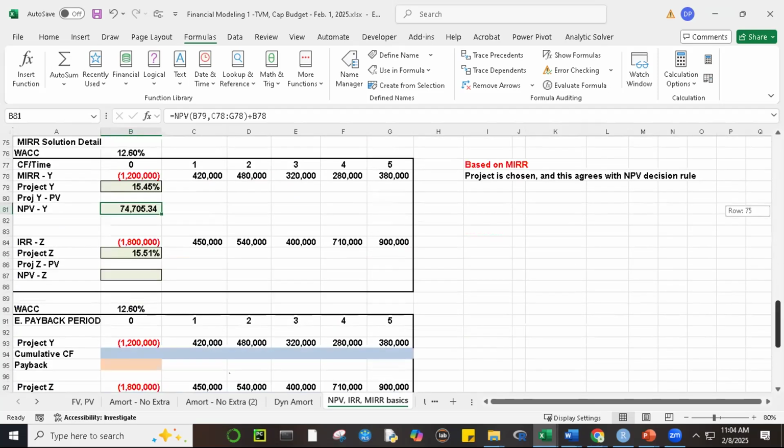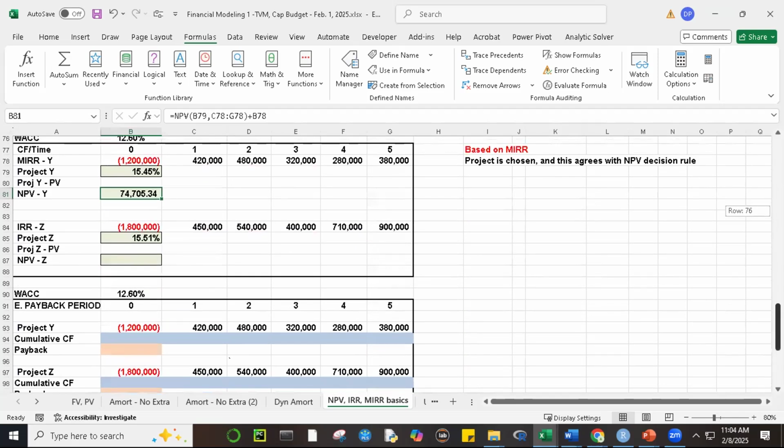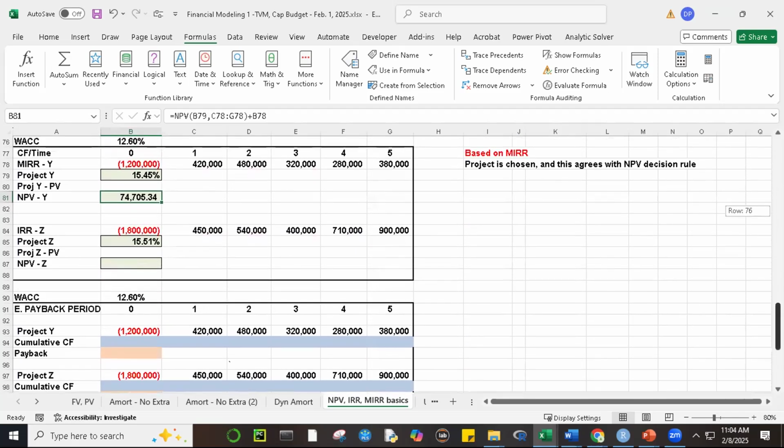But if we use the modified internal rate of return and do so for this one also, I think we can copy this.